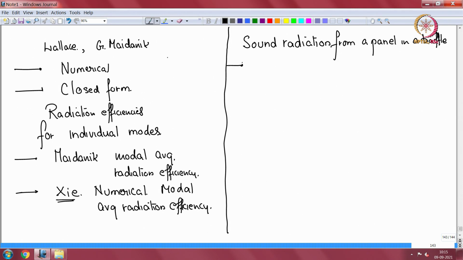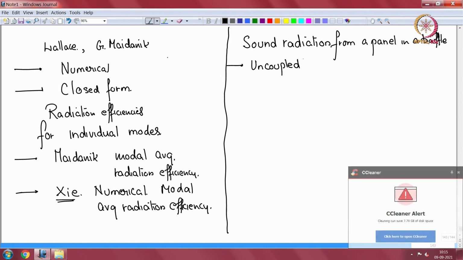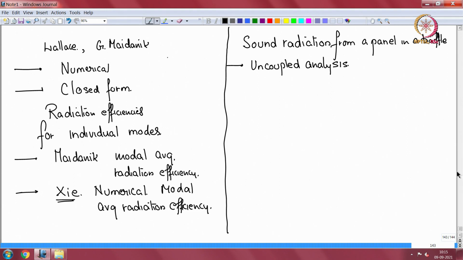This is what we call uncoupled analysis. We have seen coupled analysis in the case of the classical problem, the waveguide, and the panel backed by a cavity, but this is uncoupled analysis or one-way coupled analysis.